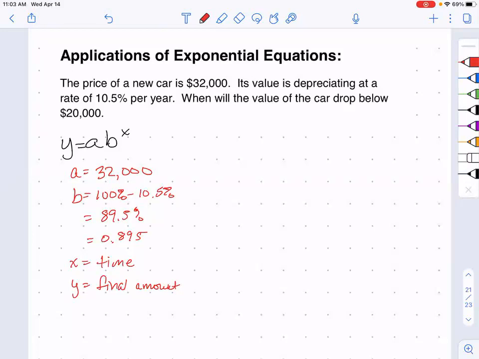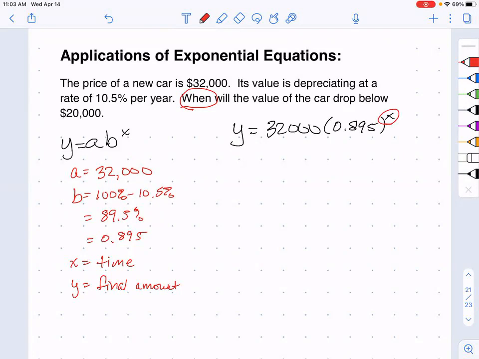So we're going to say that the equation that represents this situation is Y equals 32,000 times 0.895 to the X power. I'm answering the question when, which means I'm solving for time. I want to know when the value will drop below 20,000.